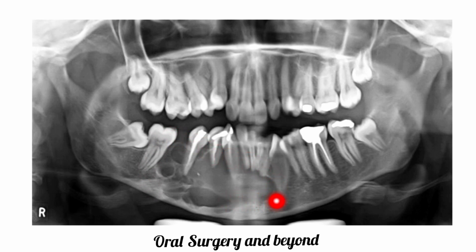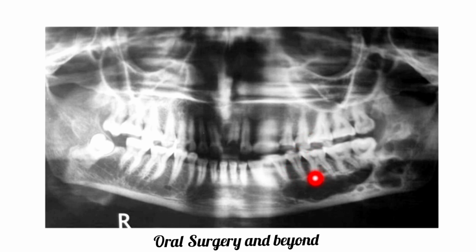The differential diagnosis of this OPG will be odontogenic keratocyst, also known as keratocystic odontogenic tumor (KOT), or ameloblastoma, or a radicular cyst, or a mixed pathology also, because these two teeth have infection and have had root canal treatment. Possibly we can consider these three pathologies for differential diagnosis.